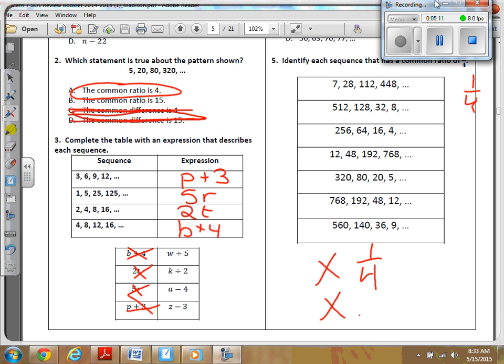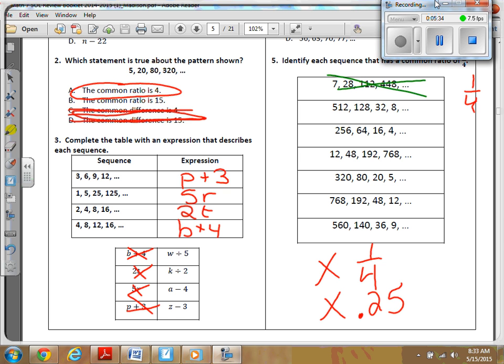So that means we have to multiply by 0.25. If we do 7 times 0.25, do we get 28? If you're not sure, put it in your calculator. What is 7 times 0.25? So it's not 28, right? Okay, so I know that that's not an answer choice.